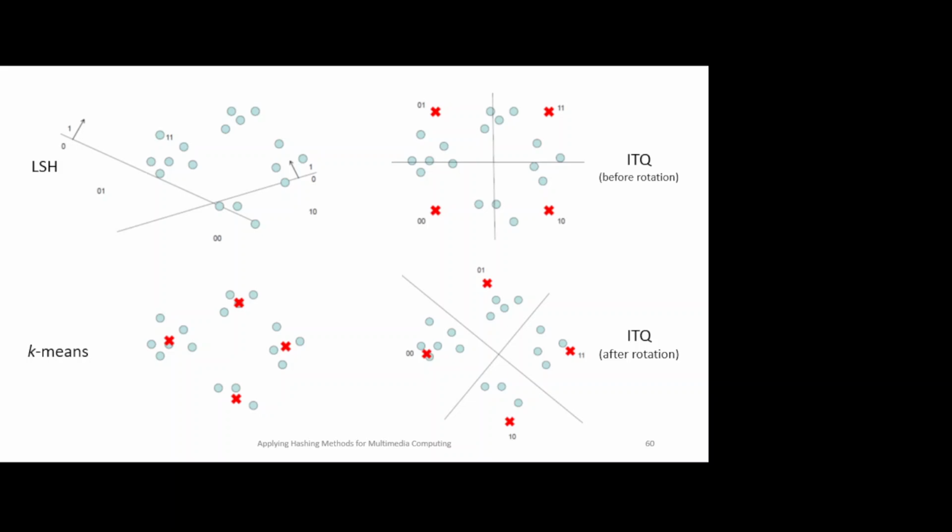Generally, it divides the space into four regions. Data points belonging to the upper region are encoded as 1, 1, and data belonging to this region are encoded as 0, 1. Here there is no data belonging to this region. The data points here are encoded as 0, 0, and here as 1, 0. It's an idea of realization. Any problems?